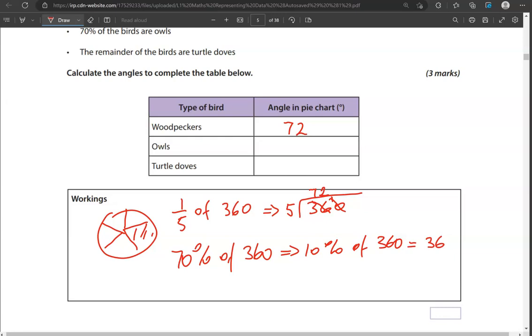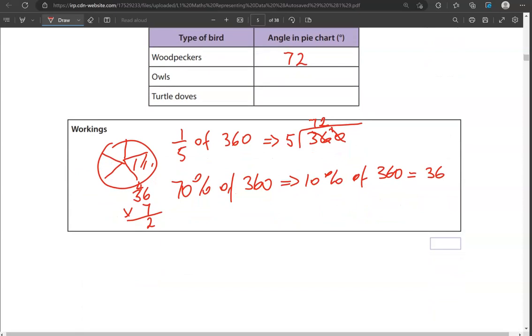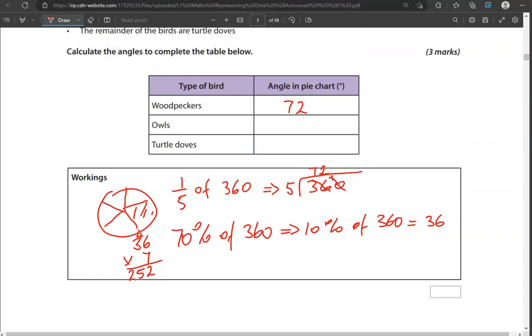So what we can do is 36 times 7. So 36 times 7. 7 times 6 is 42. 2 down, 4 carried over. 3 times 7 is 21. And the 4 is 25. So 252 degrees.